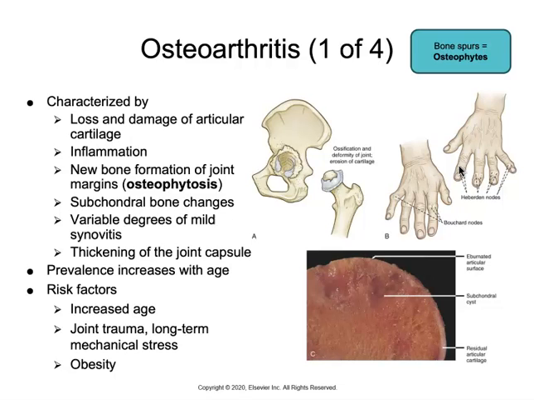We do see that it is more common in women, and if they are obese as well, it becomes an increased risk factor because obesity is going to put exceptional stress on the joints from the weight. And we may also see this in people participating in sports like basketball, soccer, football, gymnastics, and long distance running because of the stress that is placed on the joints.